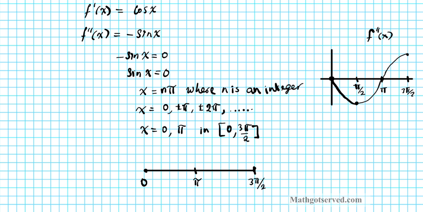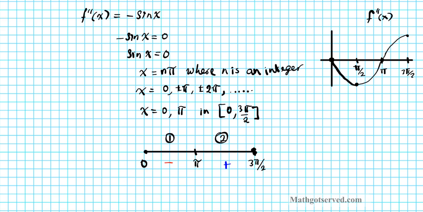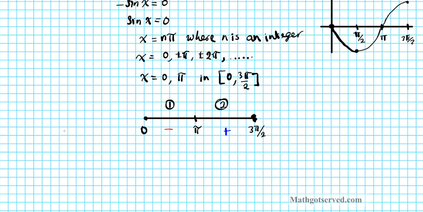So what's the sign of f double prime on interval 1 and 2? Well, the nice thing about this problem is we have the graph of the second derivative. So we can easily tell that between 0 and pi, the second derivative is negative, and between pi and 3 pi over 2, the second derivative is positive. Those are the signs of f double prime.